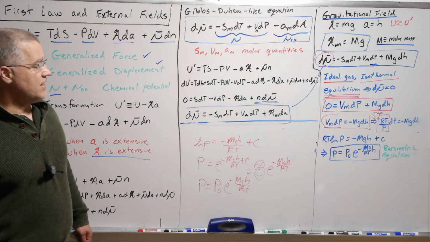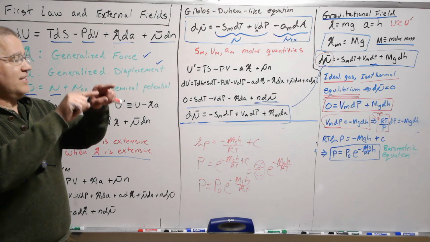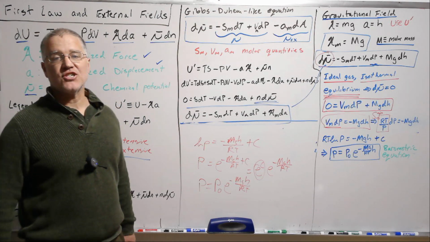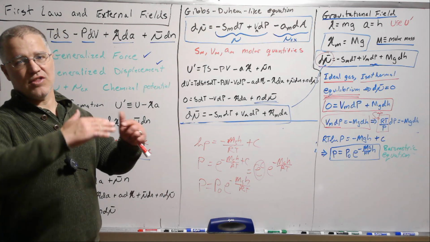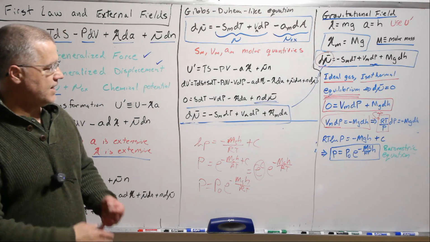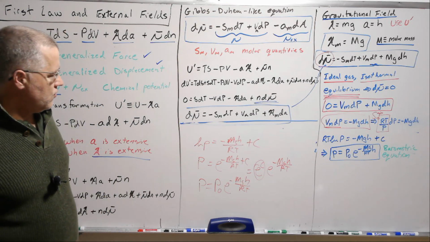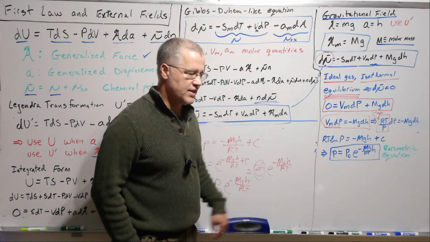What you can do then is see how the concentration changes with height. You can plot mole fraction, or start with a particular mole fraction, say 50%, and then see how that mole fraction is distributed as you go up in height. I don't think we'll do that in this series, but that would be a good exercise for you.